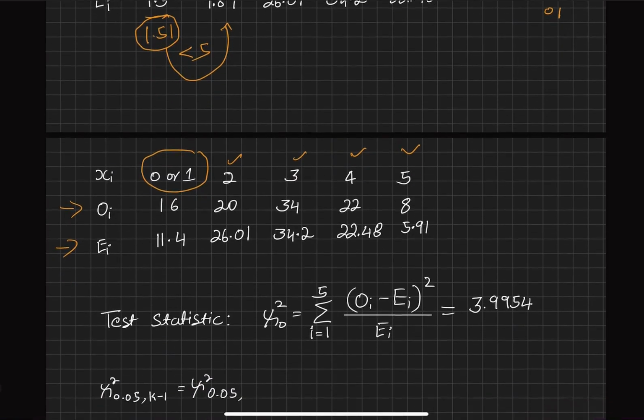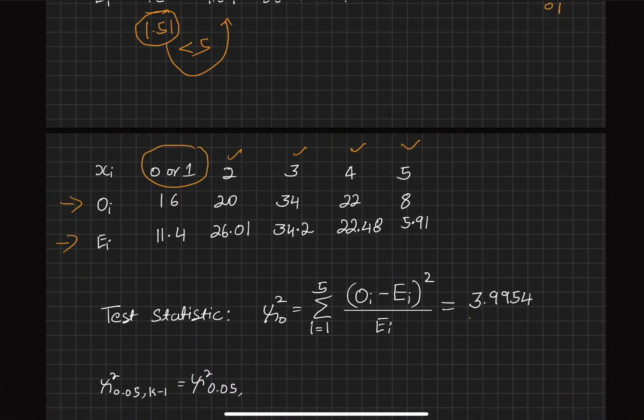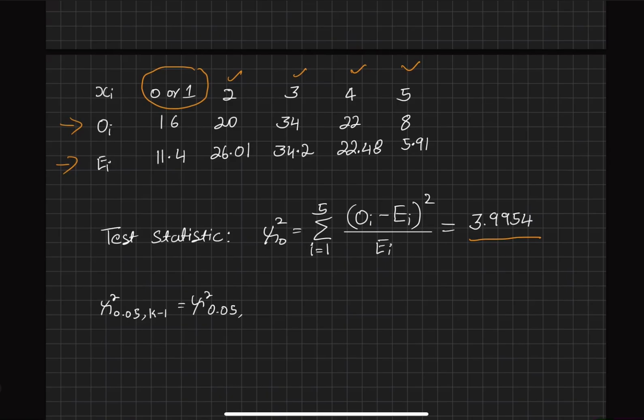Correspondingly we have obtained and expected values. From these obtained and expected values, I have calculated the required test statistic. I got it as 3.9954. Now we have to observe the acceptance region. The acceptance region will be chi-naught square less than or equal to chi square 0.05 comma k minus 1.